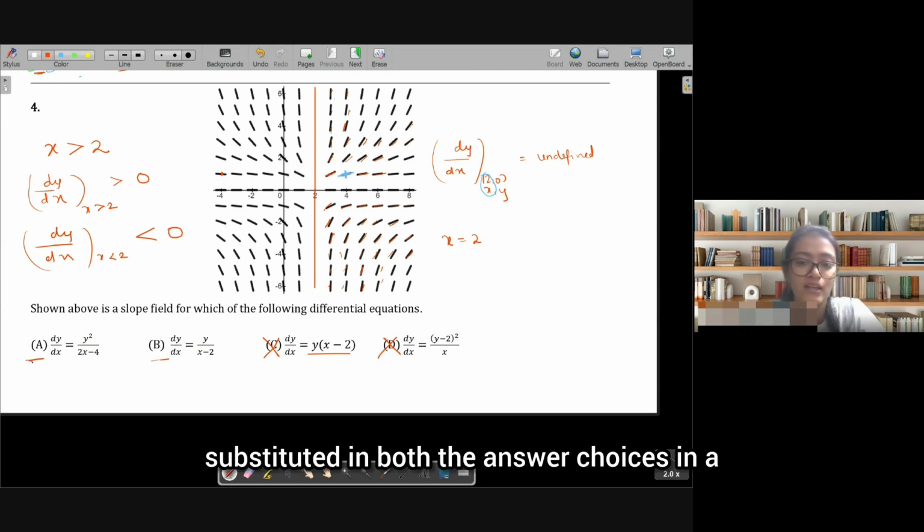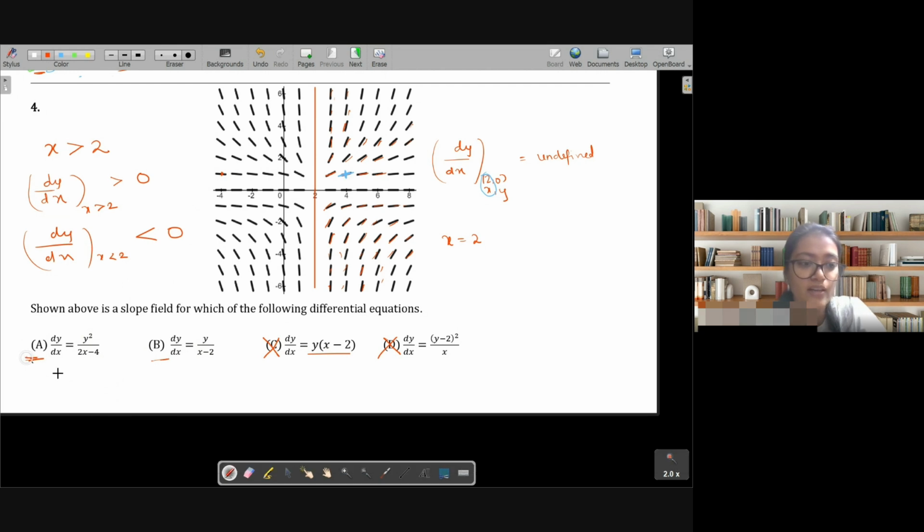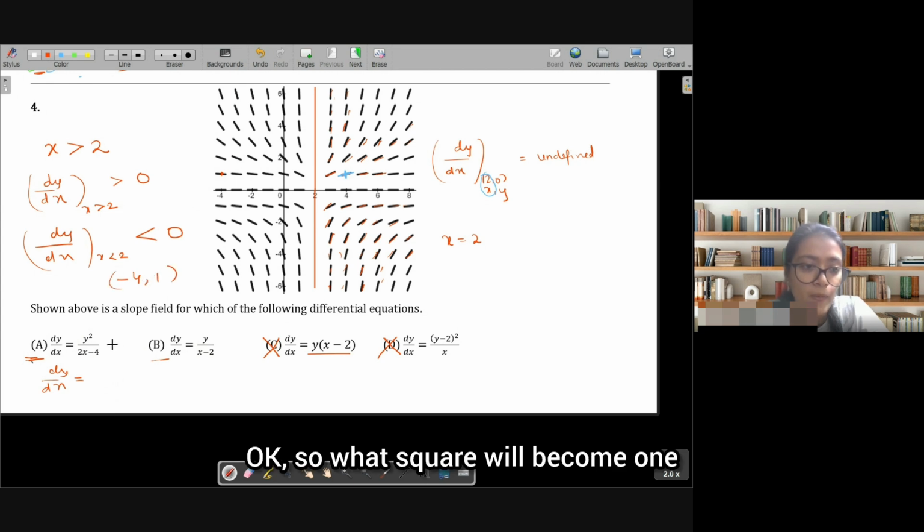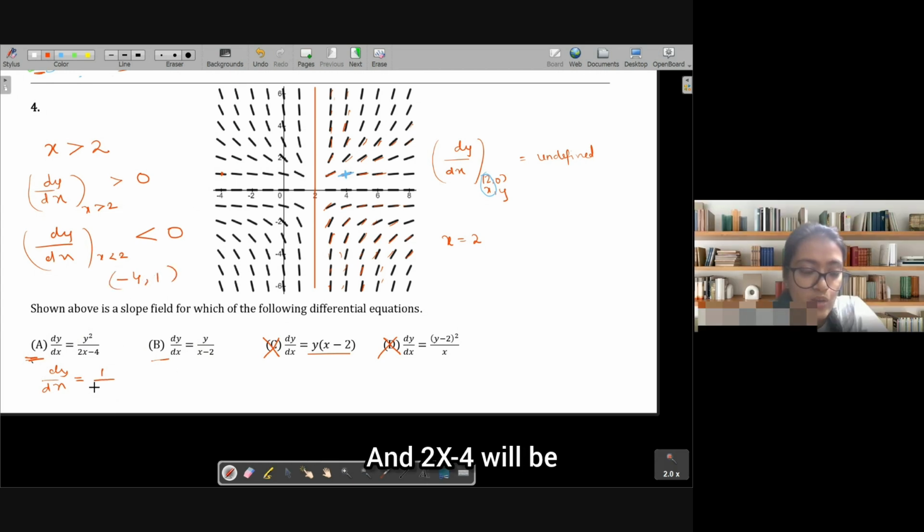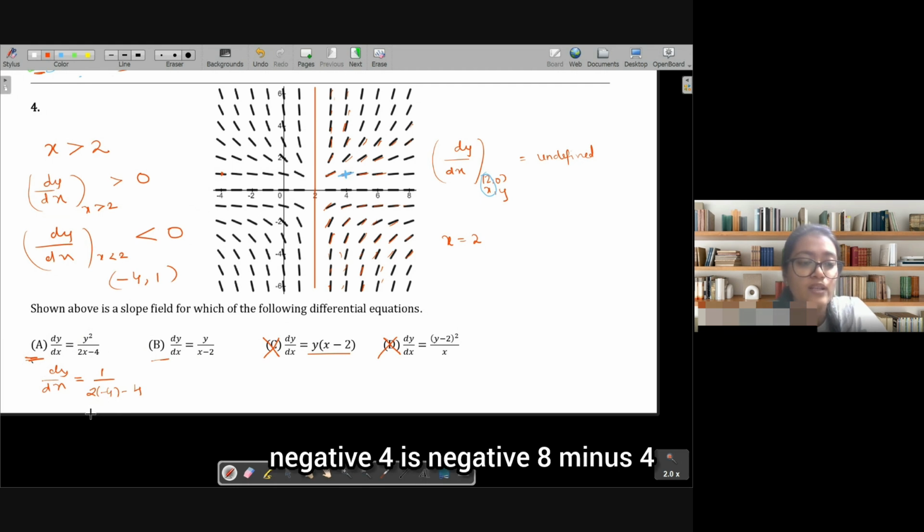Substitute it in both the answer choices. In A, 1 square will become 1, and 2x minus 4 will be 2 times negative 4 minus 4. So 2 times negative 4 is negative 8 minus 4. So that is negative 12, 1 over negative 12.